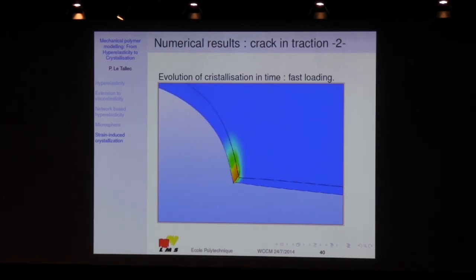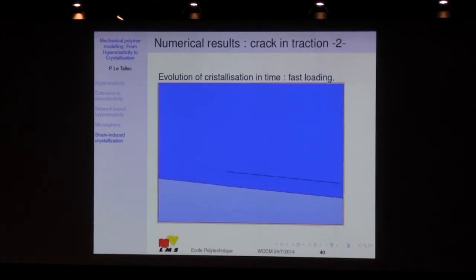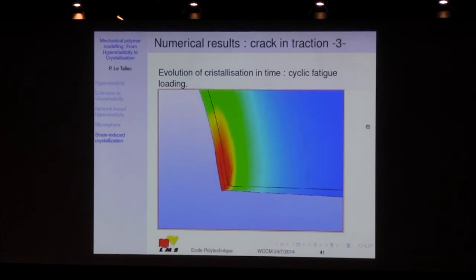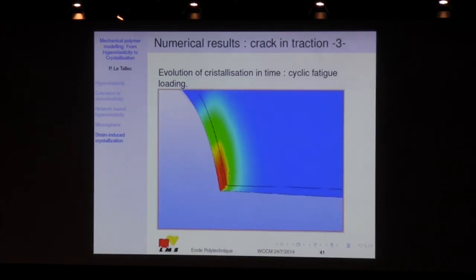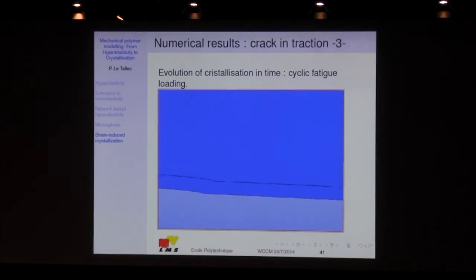You see that in that situation, the amount of crystallization, because of the retardation that you have through plasticity, is not so large. Now, if you go to a cyclic loading, which is a bit slower, although it doesn't look so on the movie, you see larger crystallization evolution.